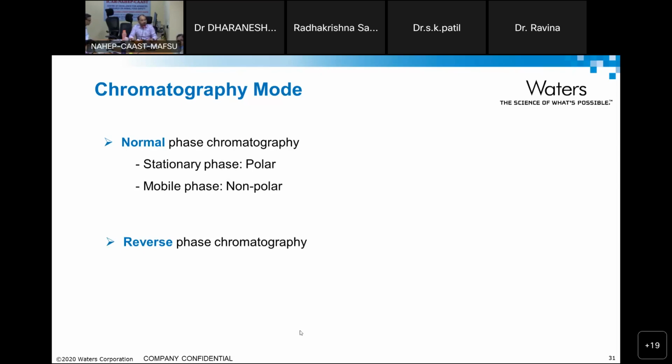Whereas in reverse phase chromatography, as the name suggests, it is reverse to that of normal phase chromatography. That means the stationary phase is comparatively non-polar and the mobile phase is polar. So in reverse phase chromatography, it is exactly opposite to that of normal phase chromatography.